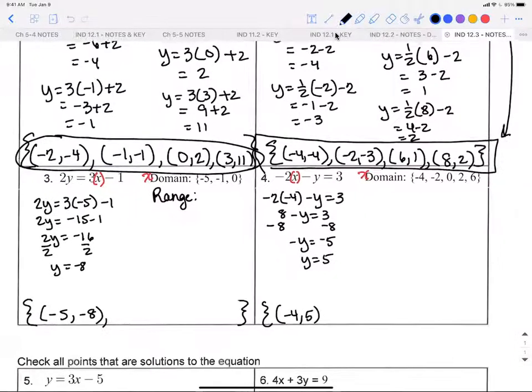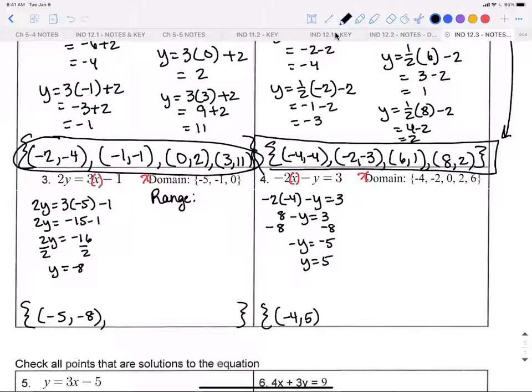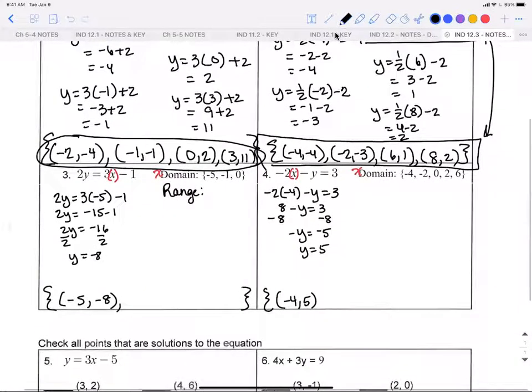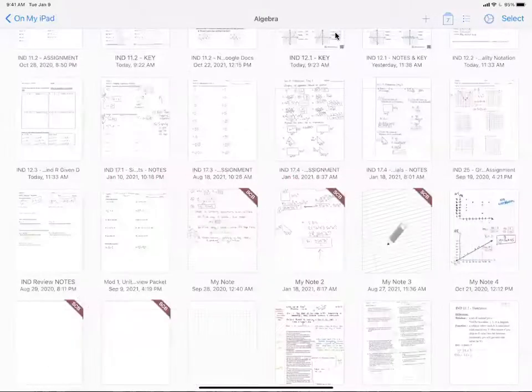Now, I will tell you this, it wouldn't really work really well with number 3 because that would give you a fraction. But with number 4, if you wanted to, you could take -2x minus y equals 3. Could I put this in y equals mx plus b first? Like just my generic equation. So what if I add 2x and I add 2x?